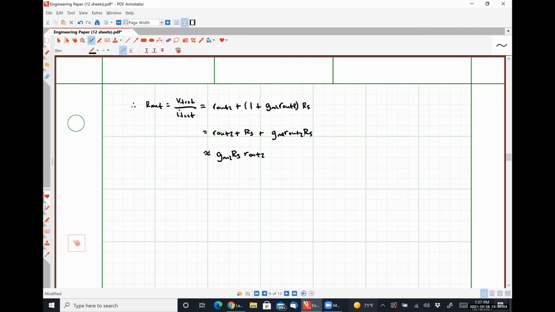So what change occurred by including this resistor? So we did have an output impedance of R out 2. We now have an impedance of that multiplied by GM2 multiplied by RS.